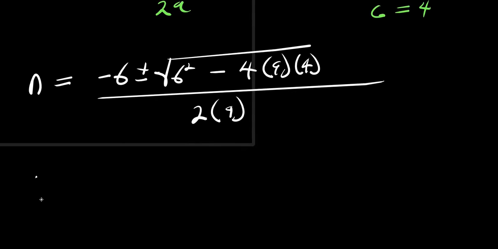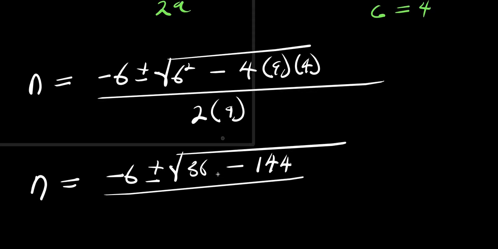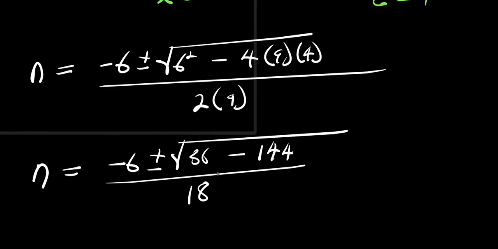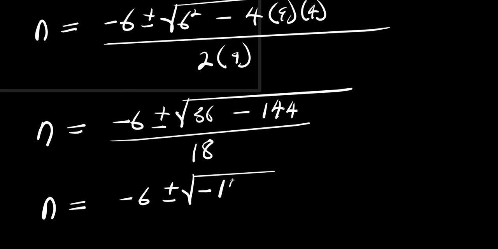So from here, we have n equals negative 6 plus or minus square root of 36 minus 4 times 4, that is 16, times 9, that is 144, divided by 2 times 9, that is 18. From here, we have n equals negative 6 plus or minus square root of negative 108, divided by 18.